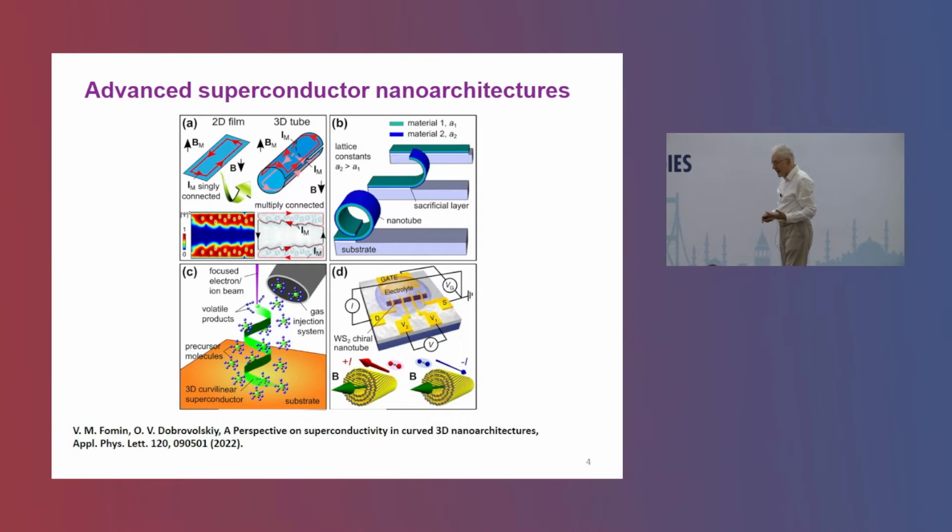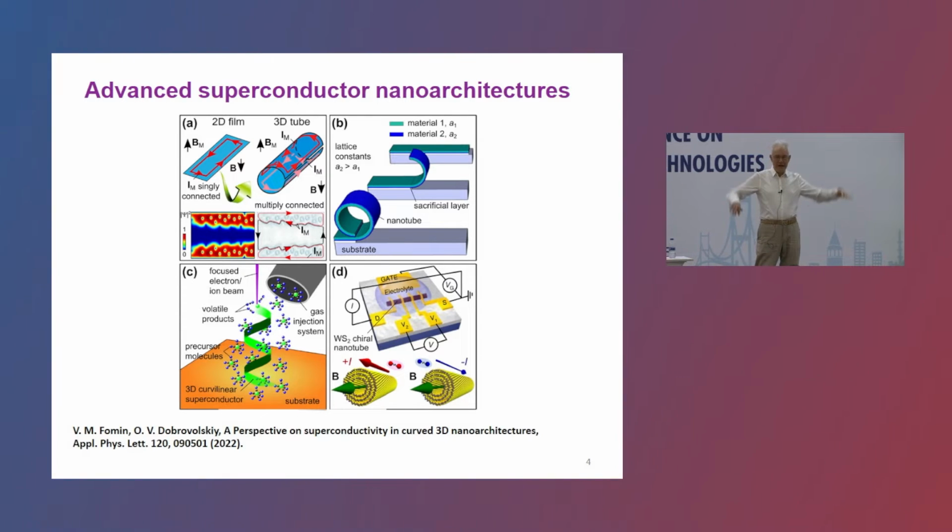In a planar stripe, the screening current, Meissner current, is in fact small, it cannot expel magnetic field, but Meissner-like currents flow along the perimeter. It's a loop which is singly connected, that is, it belongs to the whole structure.